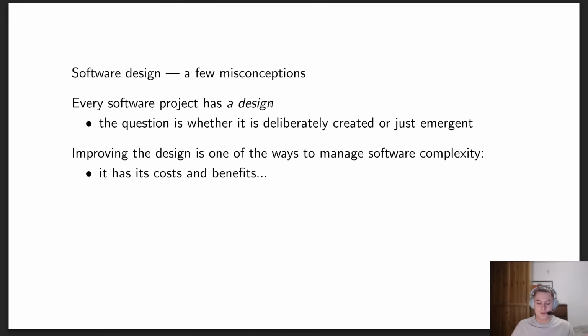The costs vary. Some of them are quite apparent and obvious, and some of them are more subtle. The obvious costs are that doing any additional work is always costly, and the abstractions that you sometimes introduce when designing your application also have some complexity of their own, which can be justified or not, and is something to be maintained.